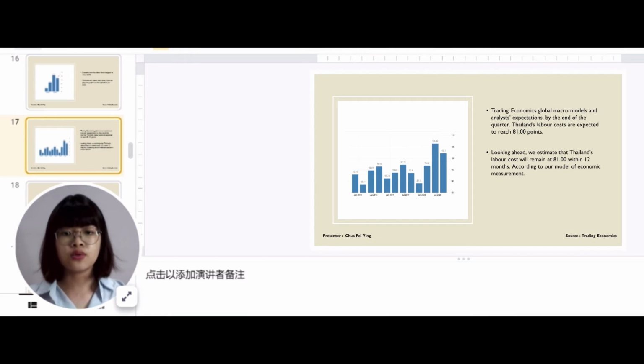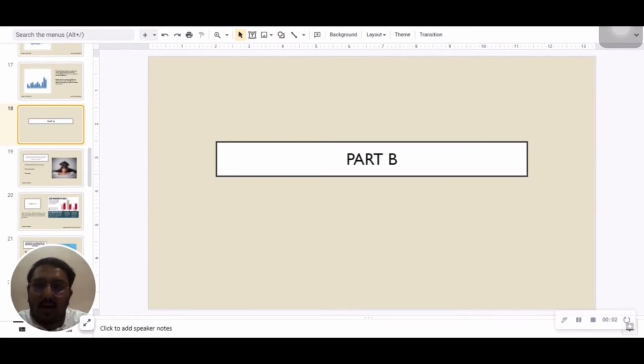According to Trading Economics Global Macro Models and analysts' expectations, by the end of the quarter, Thailand labor costs are expected to reach 81 points. Looking ahead, we estimate that Thailand labor costs will remain at 81 within 12 months according to our model of economic measurement. So now we are moving to part B.